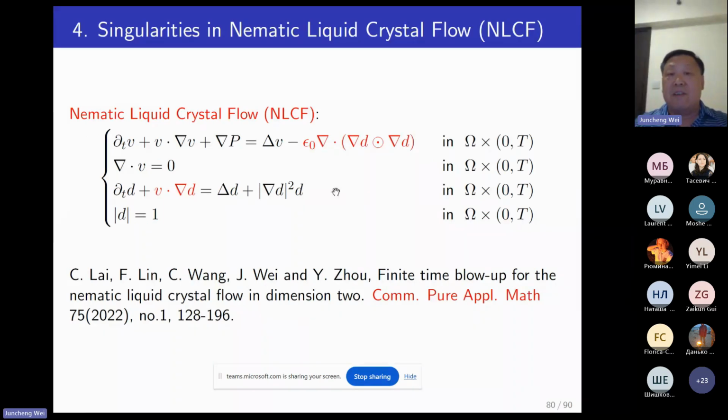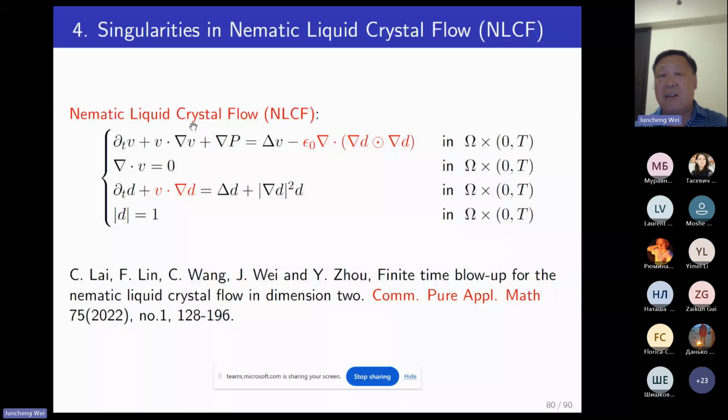So another flow is the physical flow, the nematic liquid crystal flow. This is a flow that combines the Navier-Stokes and harmonic map. In this flow you don't see any structure. Now with Lai, Fang Huanin, Changyou Wang and Yifu Zhou, we are also able to construct finite time blowup for this combination of harmonic map flow and the Navier-Stokes.